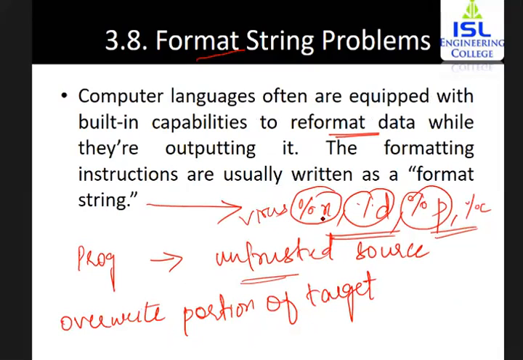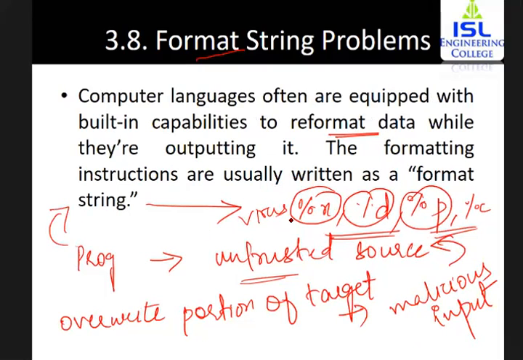So that is a format string problem. This is going to be the malicious input given into your system by making use of untrusted source code via online sources. In the online sources, they are going to embed malicious code within these format strings, and when you run those programs, that particular part of the program is going to be compromised.